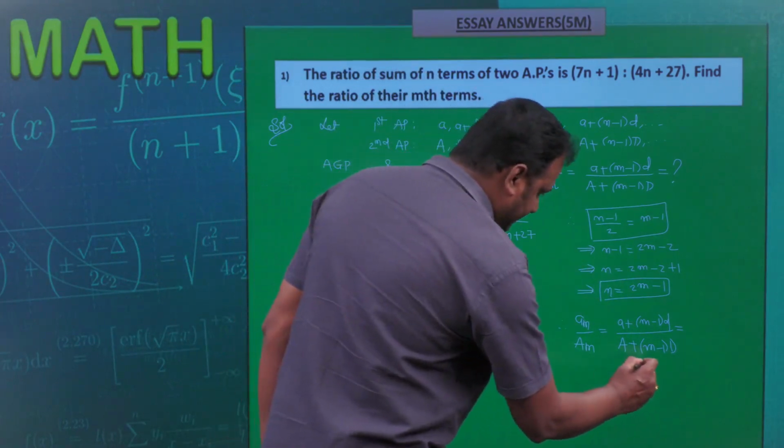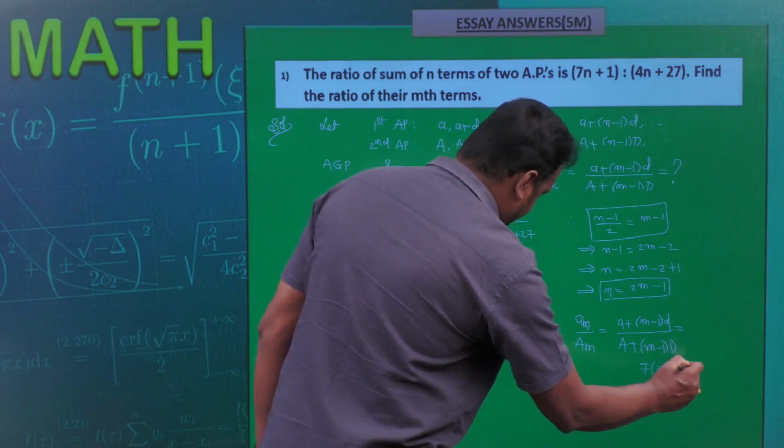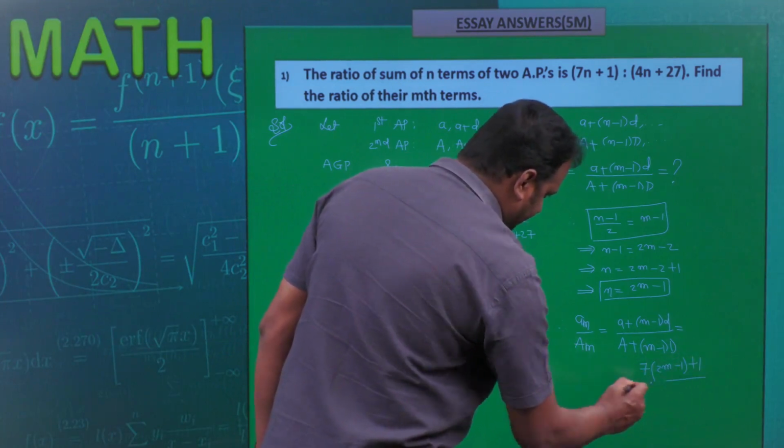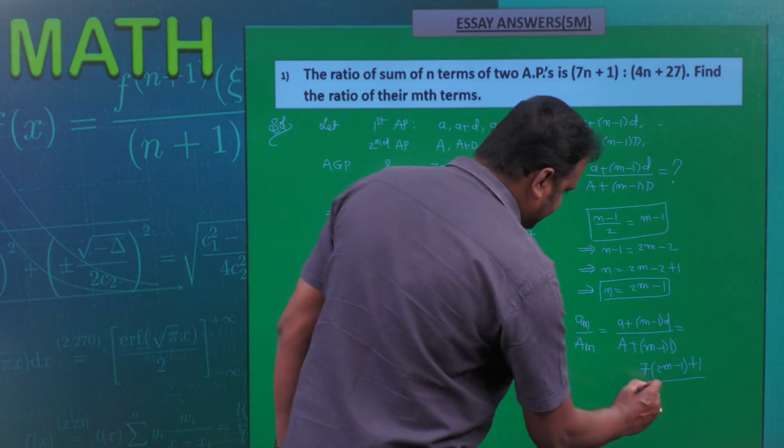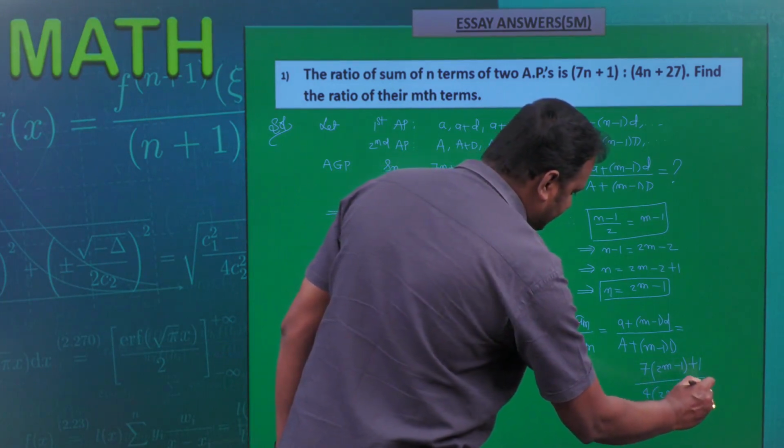7n plus 1, that is 7 into n, which is 2m minus 1, plus 1, divided by 4n plus 27, that is 4 into (2m minus 1) plus 27.